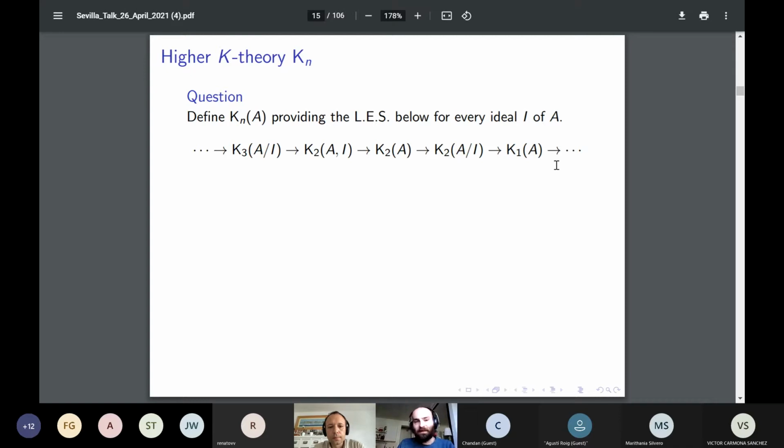And actually, there were failed attempts for this, but the correct definition eventually was given by Quillen, which is still accepted as the correct definition of higher algebraic K-theory groups.